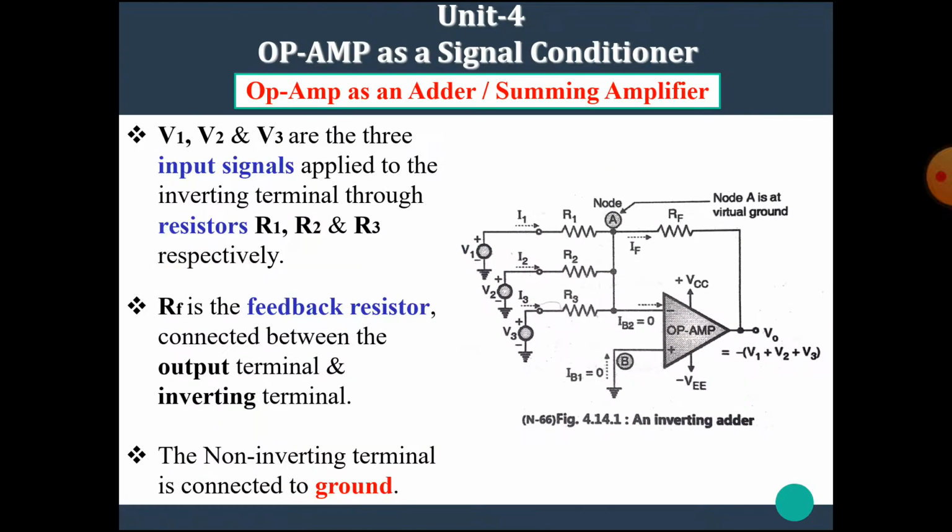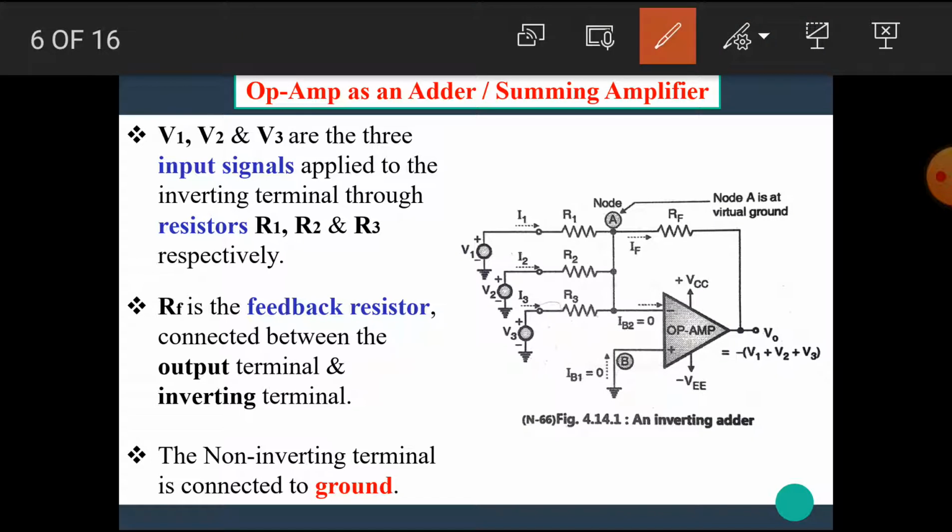Now let's see more details one by one. Let V1, V2, V3 be the three input signals applied to the inverting terminal through the resistors R1, R2 and R3 respectively. That means V1 is connected to the inverting terminal through resistor R1.